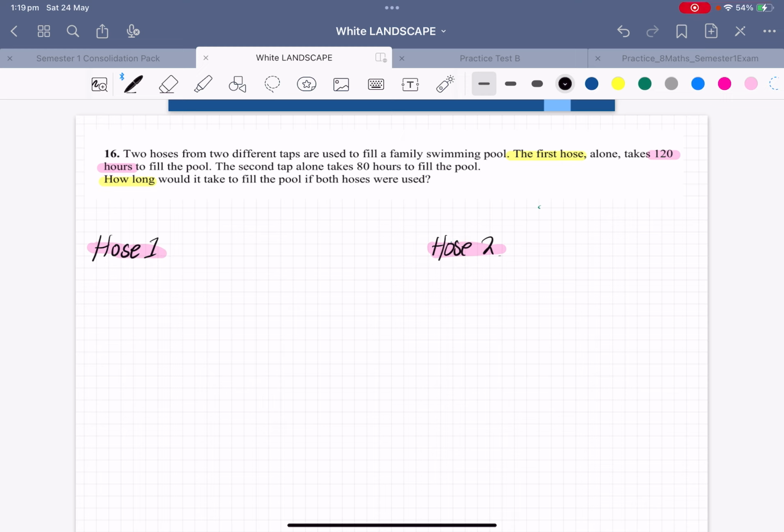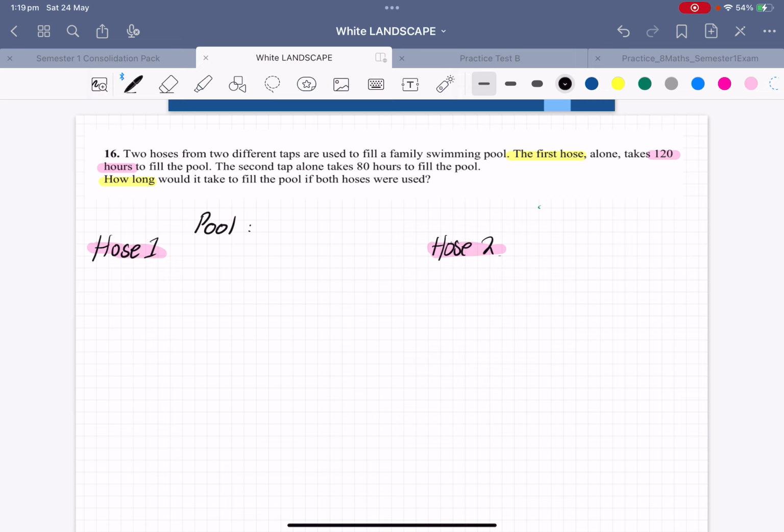We're also going to start labelling our ratio. We always have 2, 3, 4, we can have multiple parts to a ratio. In this case, we've got 2 hoses, so we're going to have a ratio with 2 parts. So hose 1 takes 120 hours to fill the pool. On the left side, I want you to write the number of pools.